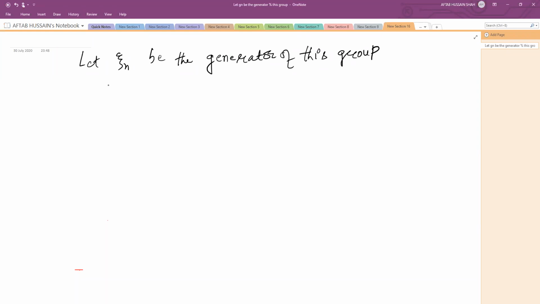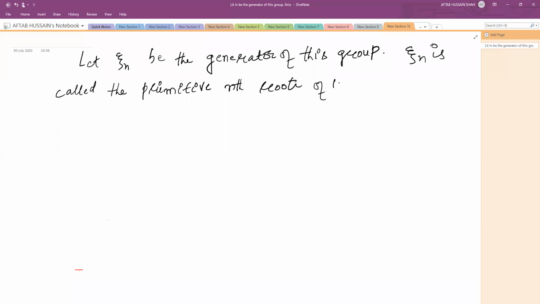So zeta n is called the primitive nth root of unity.